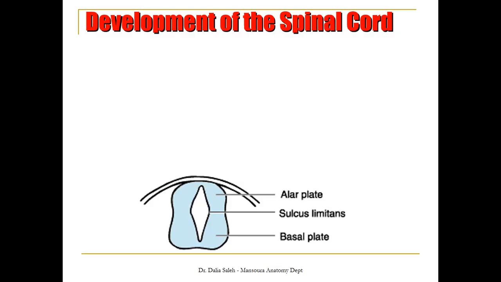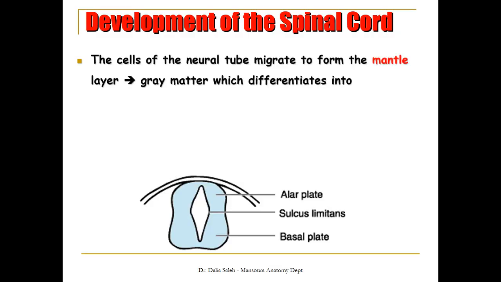For the spinal cord, the cells of the neural tube migrate to form the mantle layer, which will later on give us the gray matter of the spinal cord. And it will differentiate into the following areas.